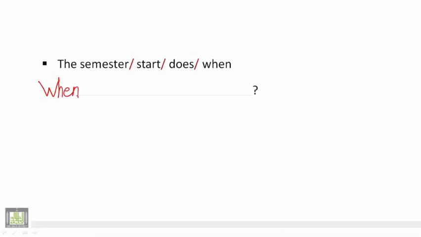And then we have the auxiliary verb, which is does. And then we have the subject, الفاعل, which is that semester. And the last element is the verb in its first form or in its base form. وأخيرا عندنا الفعل في الشكل الأول, which is start. متى يبدأ الفصل الدراسي.